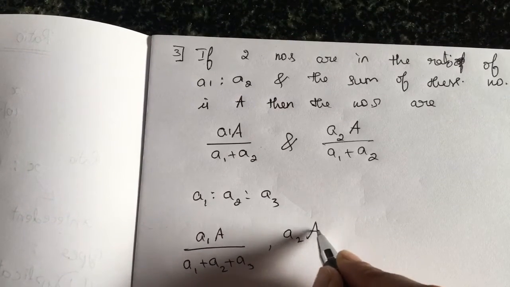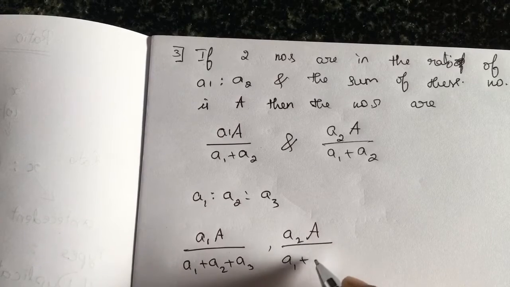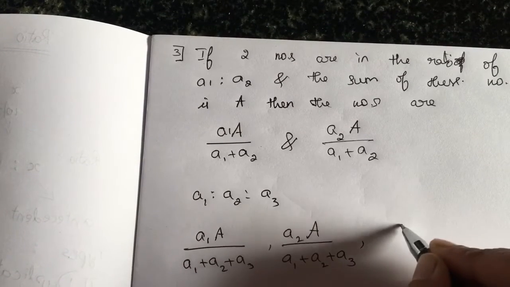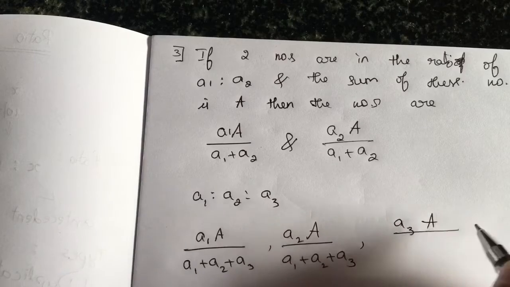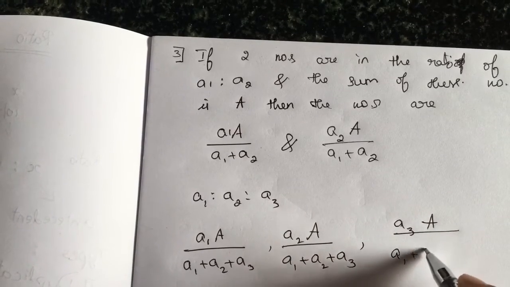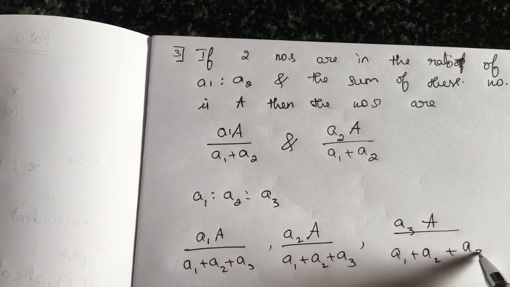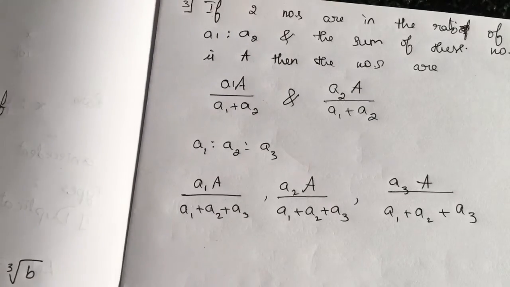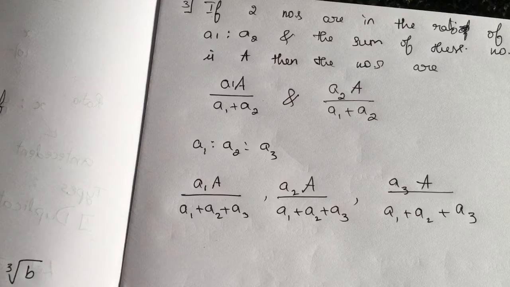Second number is A2 into A divided by A1 plus A2 plus A3. The third number is A3 into A by A1 plus A2 plus A3. So these are some key points. Then we'll go for proportion, and then we'll take up problems.